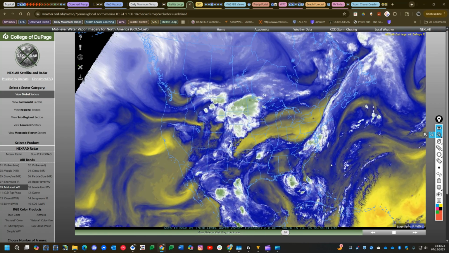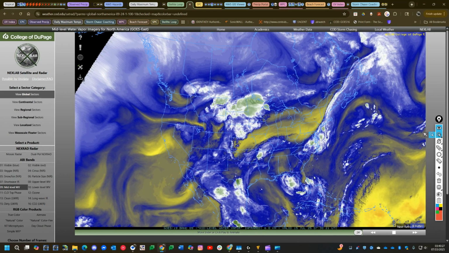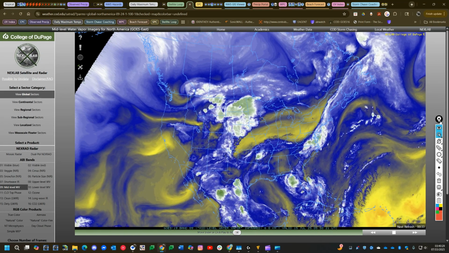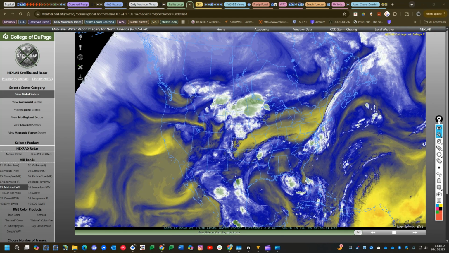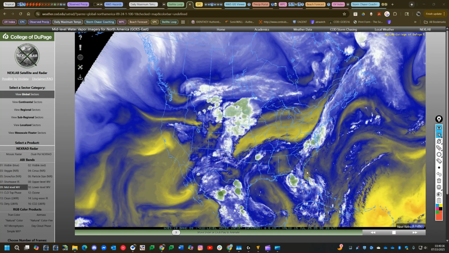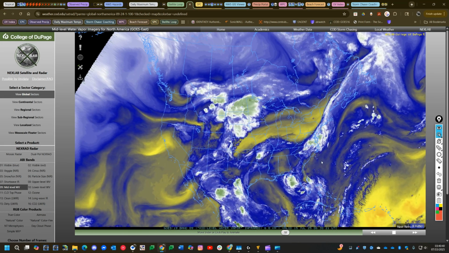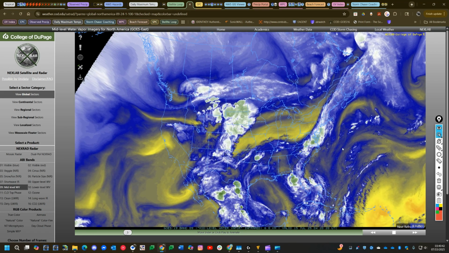What it's doing is helping to induce some shear on the low pressure system off the coast of Florida. I wish my tool was working right here so I could draw. But anyway, there's some shear being induced.